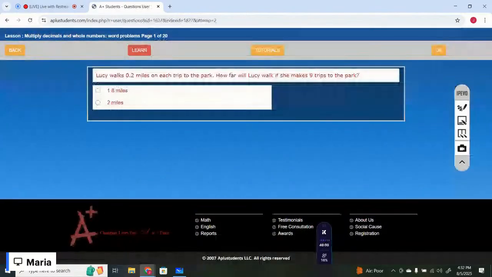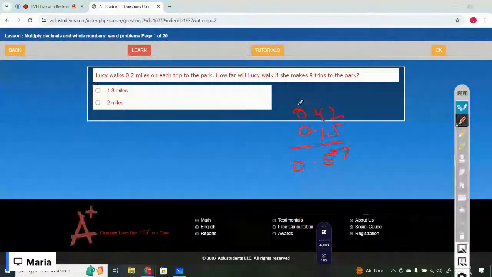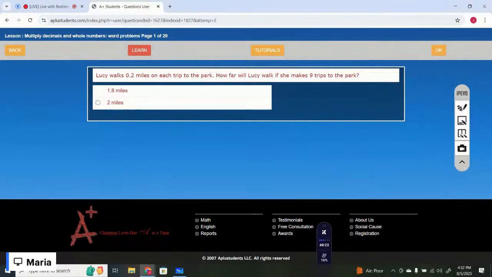Lucy walks 0.2 miles on each trip to the park. How far will Lucy walk if she makes 9 trips to the park? So 0.2 times 9 is 1.8 miles. Option number 1 is the correct option.